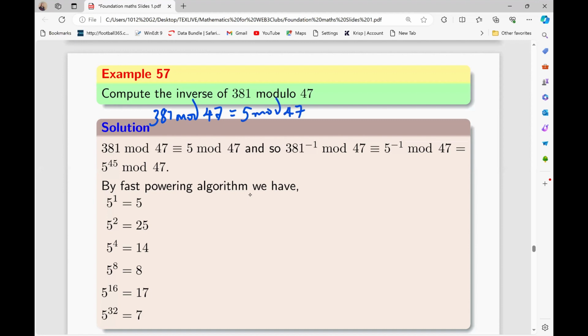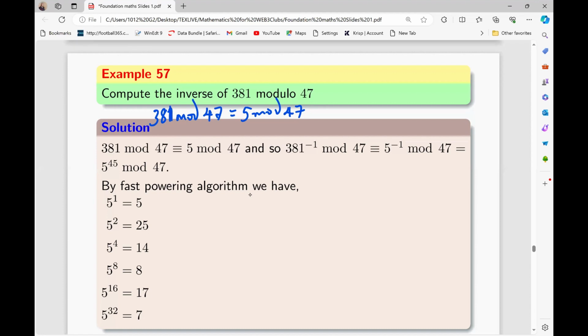They've given the same thing, because 47 goes into 381 eight times and the remainder is 5.